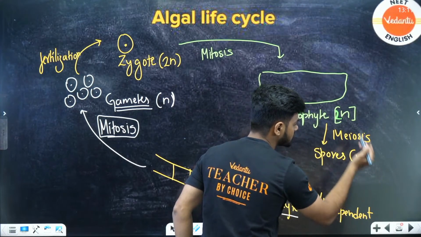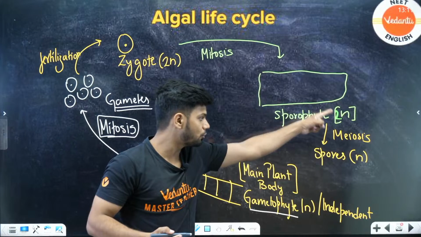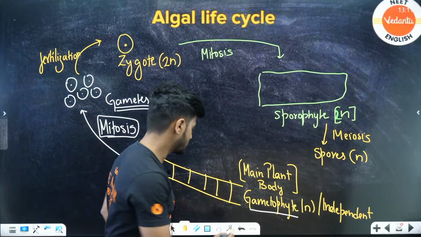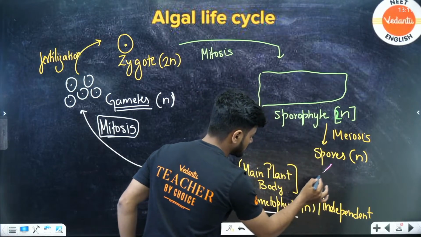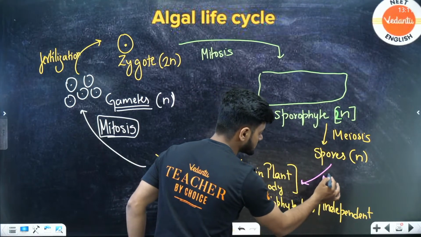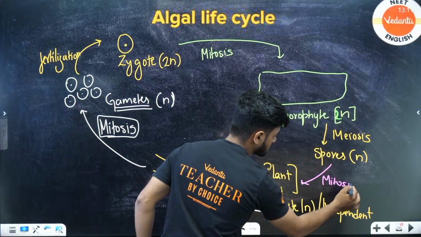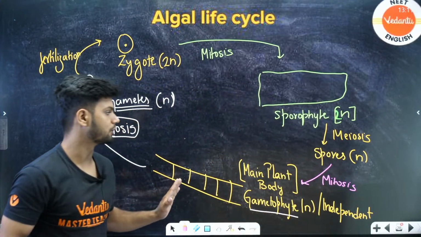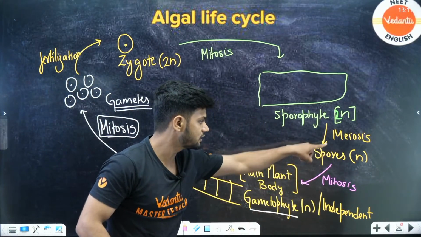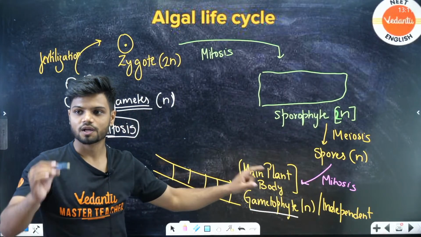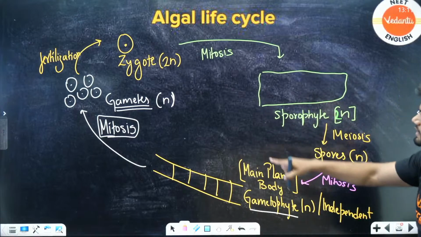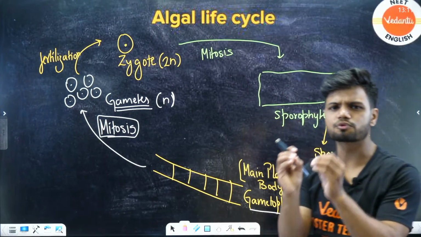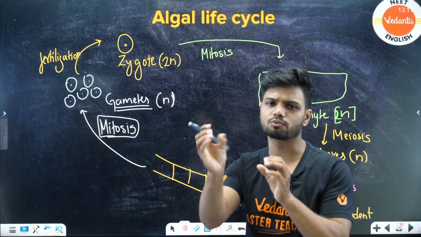Spores are haploid in nature. See, with meiosis, diploid to haploid is happening. Now these spores eventually undergo mitosis and produce your entire main plant body. So ploidy is maintained everywhere. I know if you're studying this entire cycle for the first time, it can become a little confusing, but with practice you will understand.